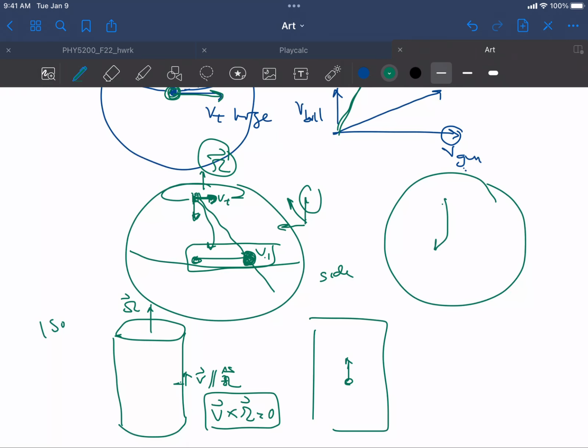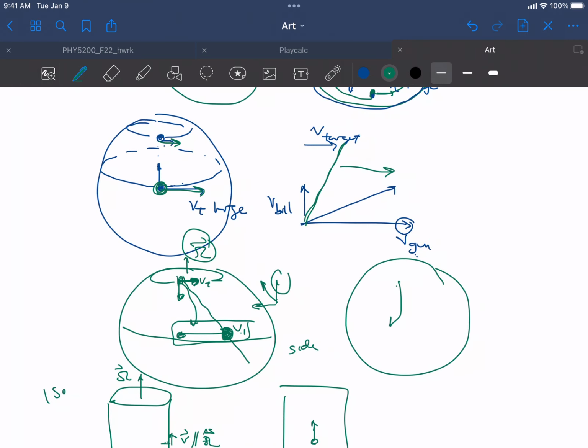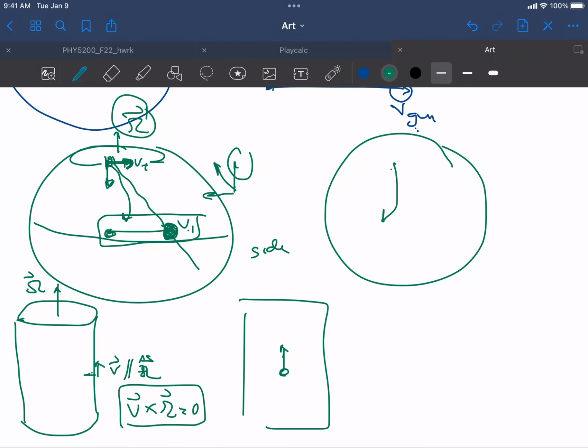But that's easy to see also from this picture here, because if it's a cylinder, then every point on the surface of the cylinder is moving to the east at the same speed. All these points are moving at the same tangential velocity on the surface of the cylinder because it's a rigid body.